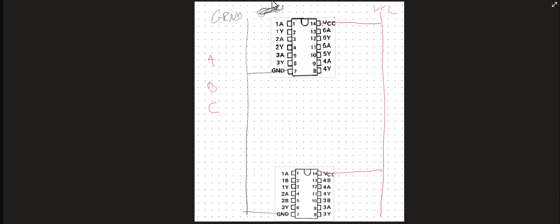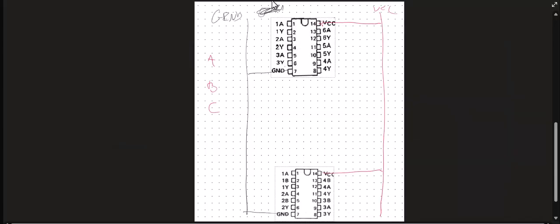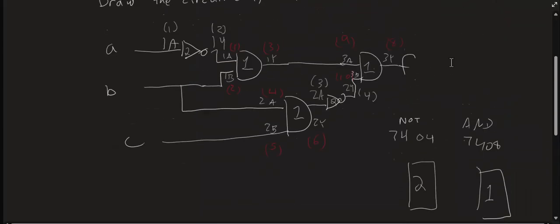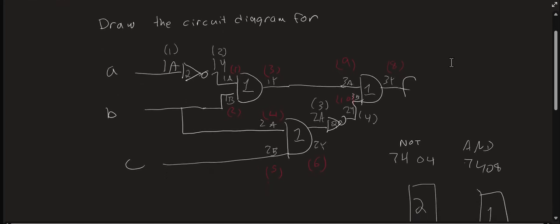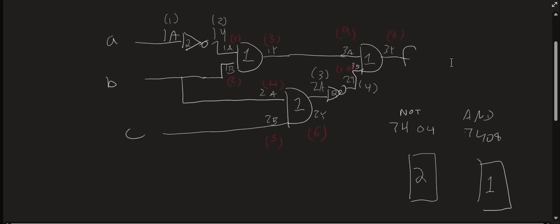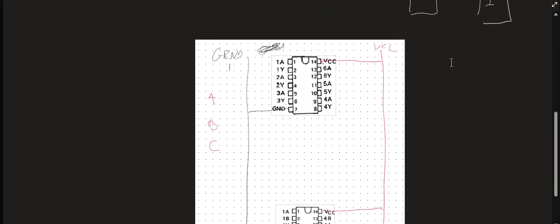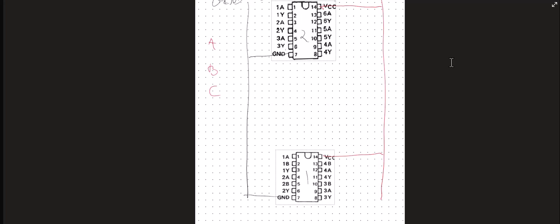And then A went to pin 1 of chip 2. This was chip 2, and this was chip 1.